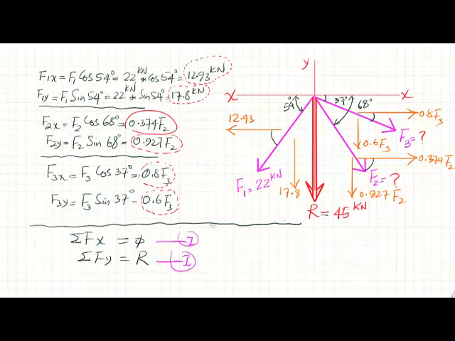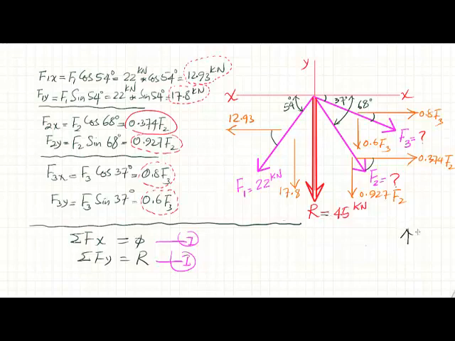Now for the sum of all forces in the x direction equal to 0, there's not much trouble in it, but with the sum of all forces in the y direction equal to R, people generally make a mistake by saying that the sum of all forces in the y direction is equal to 45, but that is not correct, because we have the rules for direction.